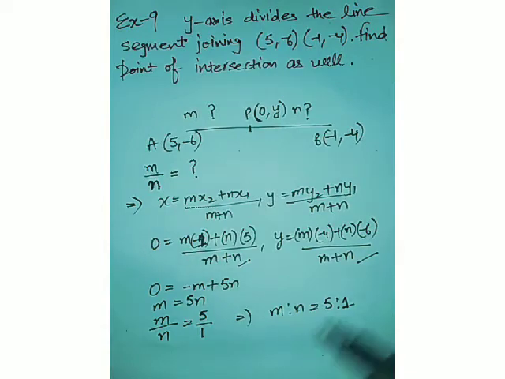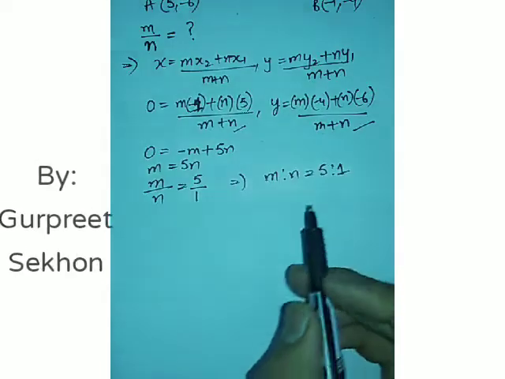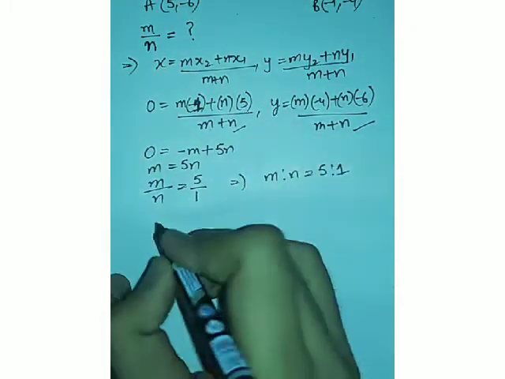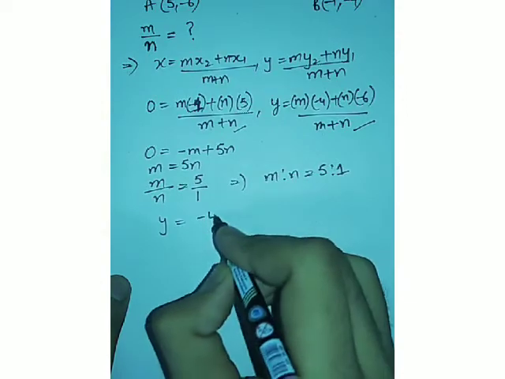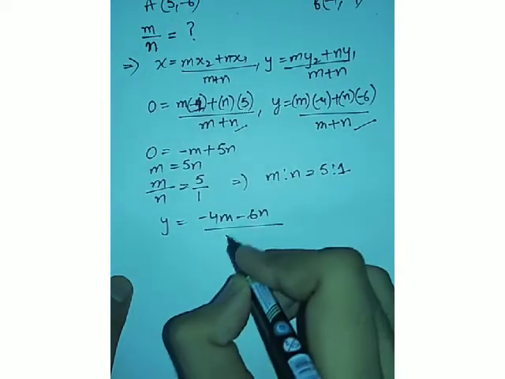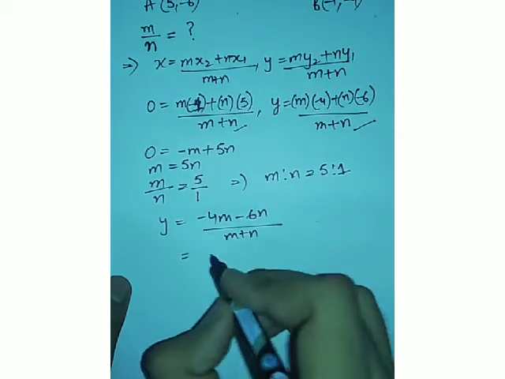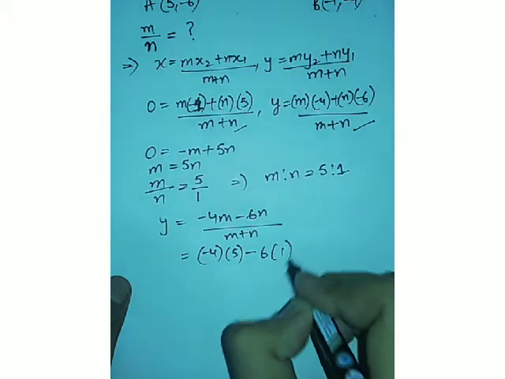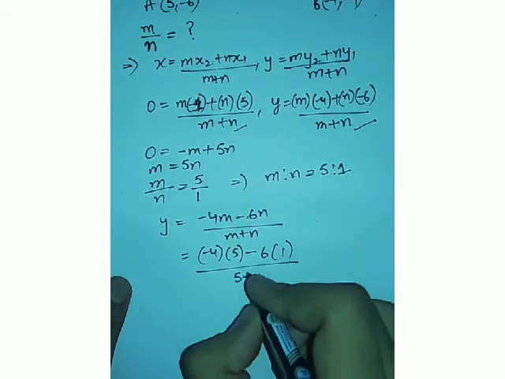So in this way you can find the ratio. And now let's find the value of y. You have found m and n, let's find the value of y. That is, y is equal to (minus 4m minus 6n) upon (m plus n). Fill in 5 and 1. Minus 4 multiplied by 5 minus 6 multiplied by 1 upon 5 plus 1.